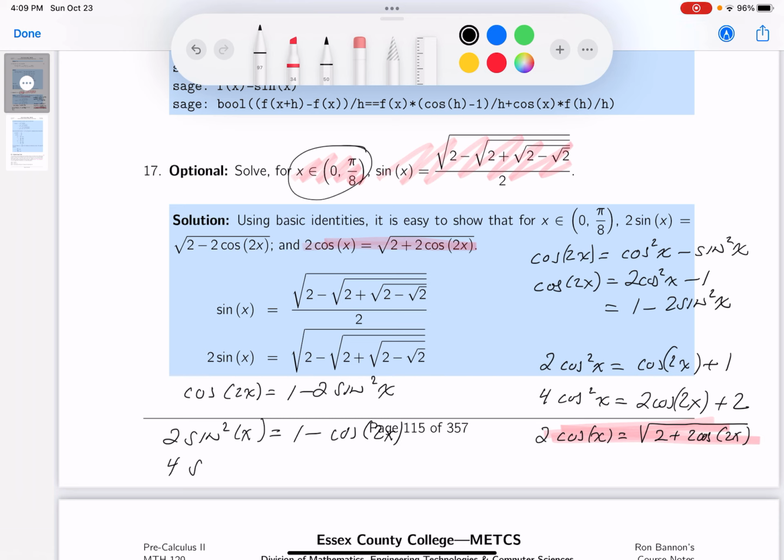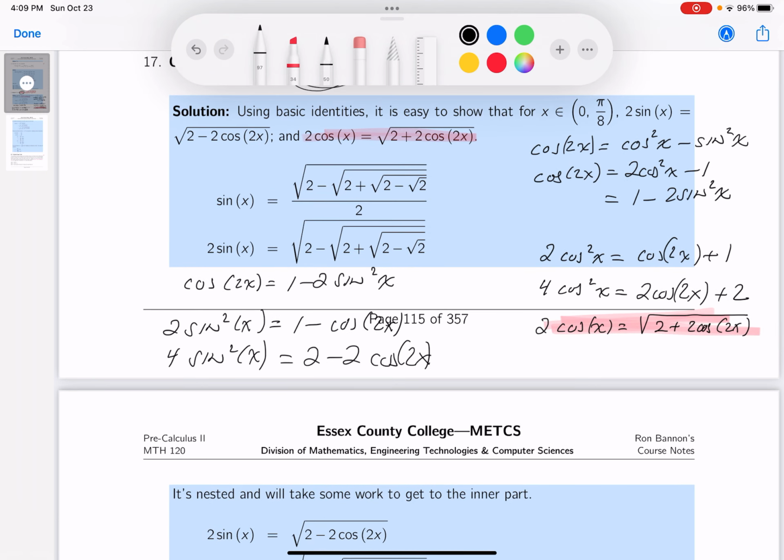You get 4 sine squared x equals 2 minus 2 cosine 2x. And again, for acute angles, this also works out pretty nice. This works out to be 2 sine x equals the root of 2 minus 2 cosine 2x. Let me show you where that's written. And this is an important fact we're going to use as well. So 2 sine x is this thing over here.